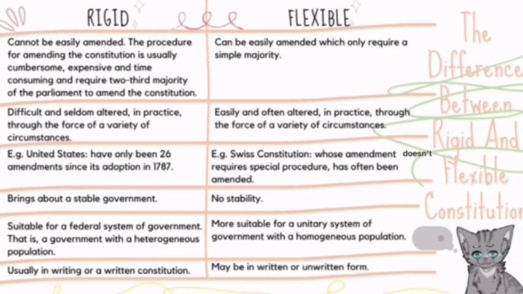Firstly, rigid constitution cannot be easily amended. The procedure of amending the constitution is usually cumbersome, expensive, time-consuming, and requires a two-thirds majority of the parliament to amend the constitution.